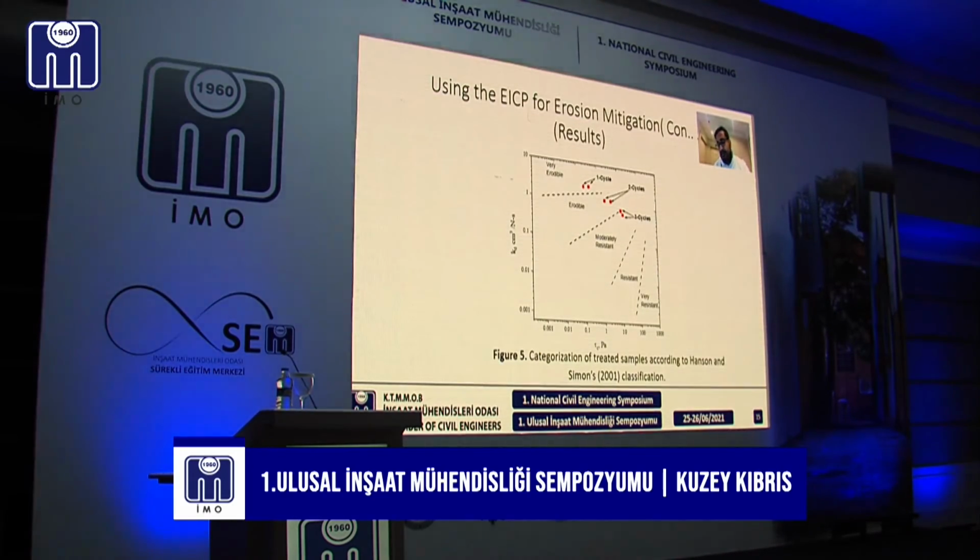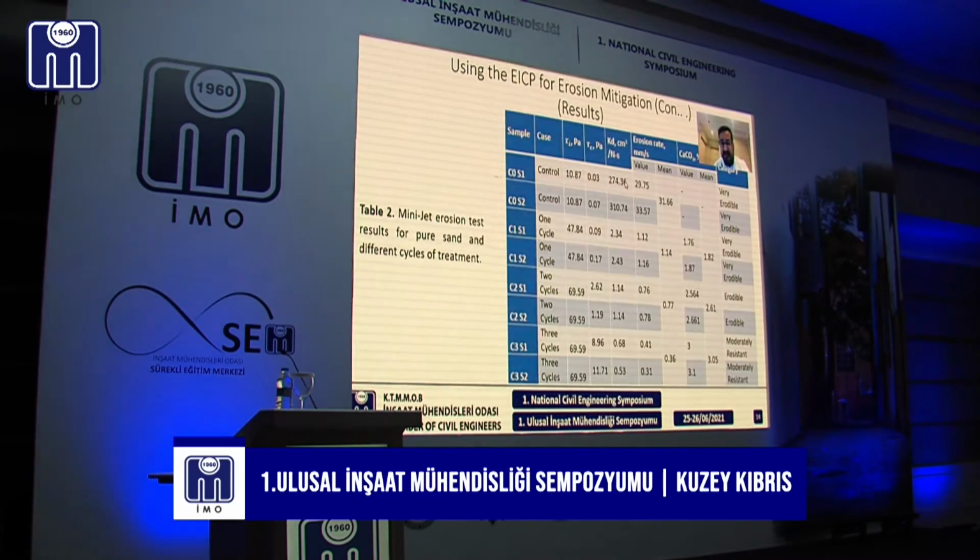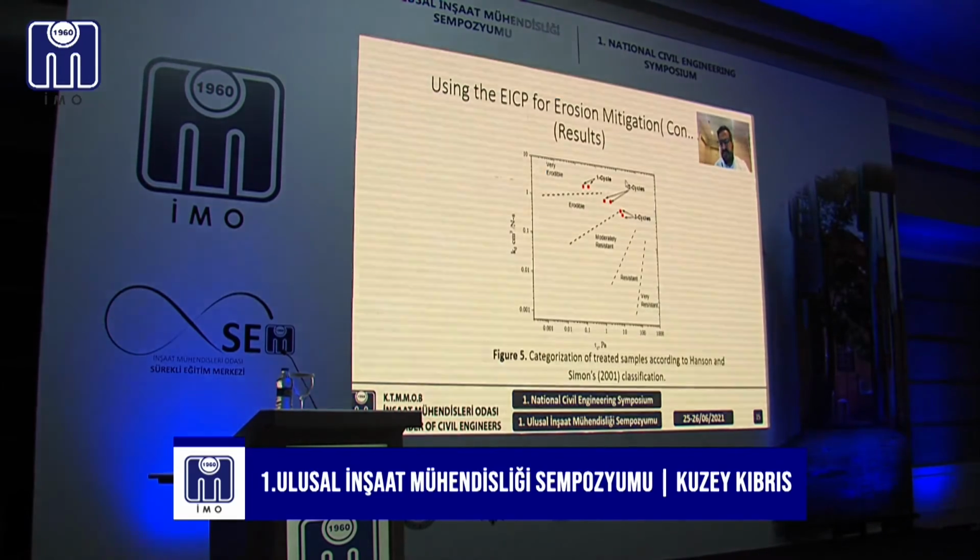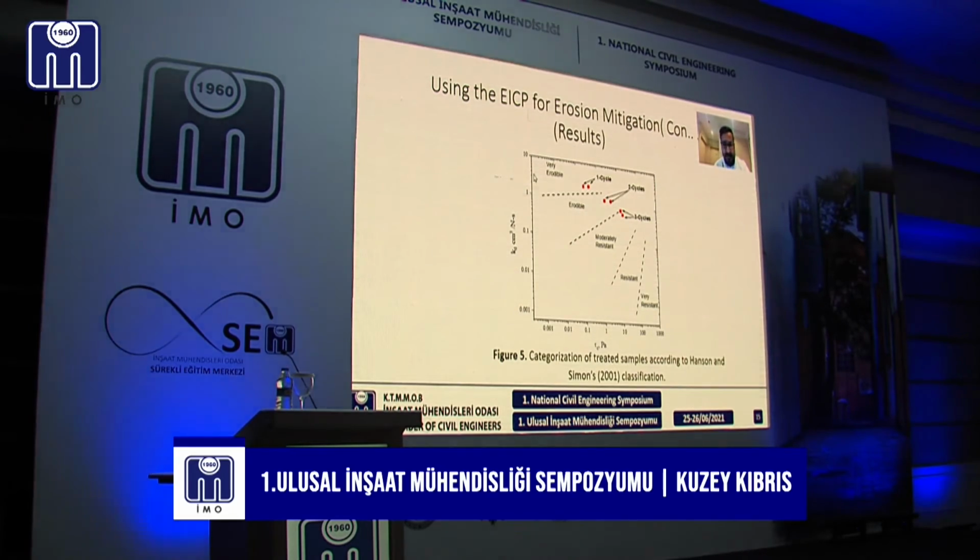So according to Simon, what happened after applying the treatment? We weren't able to test the control sample because the KD was very, very high, since it is very erodible. The erosion will be very high because, as logic says, it is loose sand.